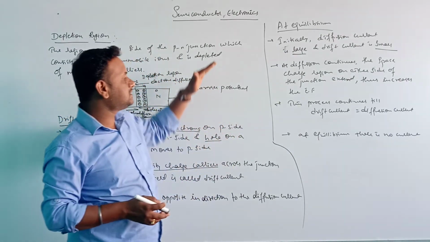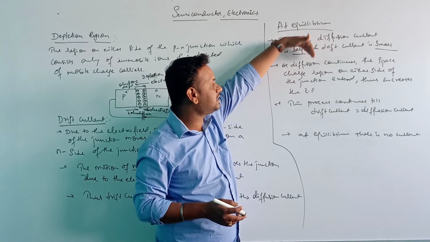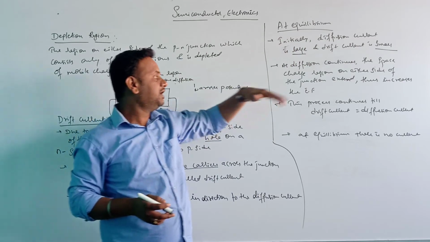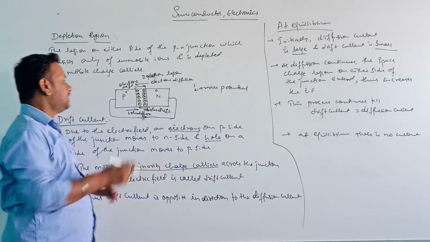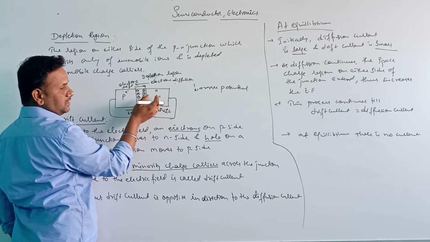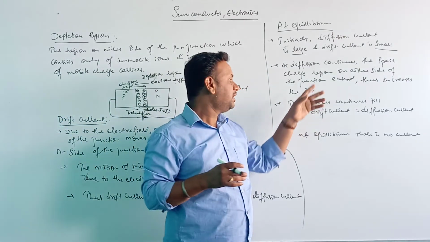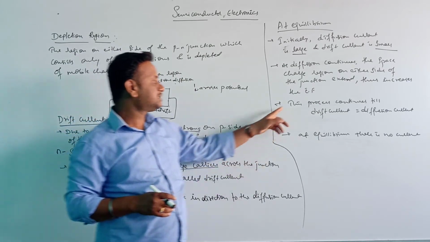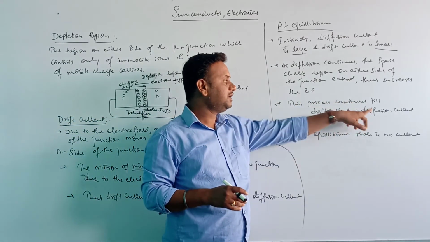As the diffusion is continuing, the space charge region on either side of the junction will extend and thus increases the electric field. On either side of the junction the space charge region will get extended, and due to this the electric field increases.